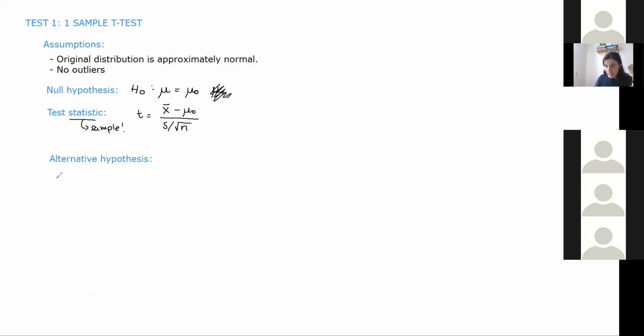And depending on what the alternative hypothesis is, I will reject under different conditions. If what I'm trying to prove, the alternative hypothesis, is that my mean is larger than the value that I'm comparing it to, then I will reject the null hypothesis. I will say, actually, this could not have been an explanation for the value that I found. I will reject if I'm in the top something percent. How much percent?